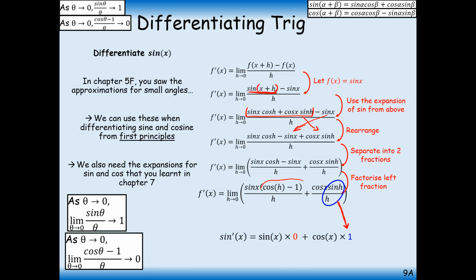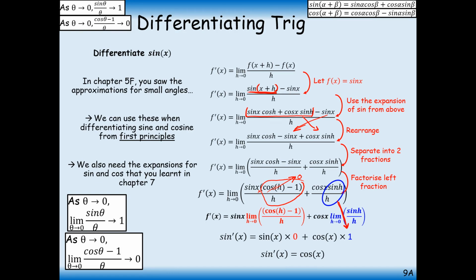This part of the expression, sine of x, gets multiplied by 0 because there's a 1 minus 1 inside the bracket, and the whole section will approach 0. So that's why we end up with the derivative of sine being cos of x.